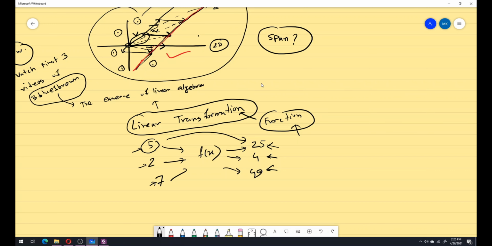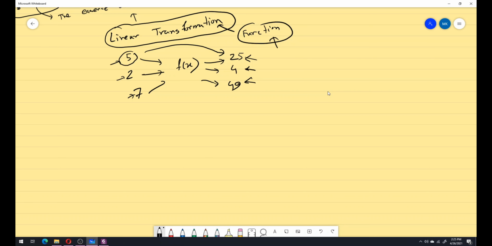In case of linear algebra, the transformation function actually changes the vectors or the basis of the vectors. So if you give input of a vector to a particular transformation, then it becomes some other vector with some transformed basis.